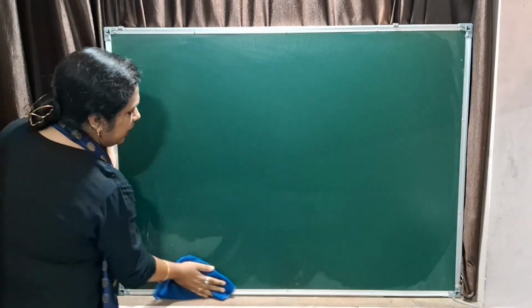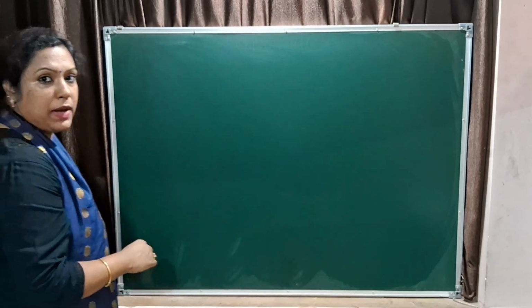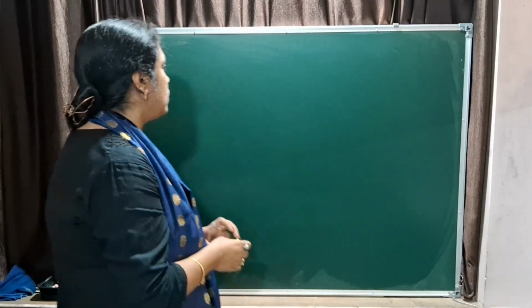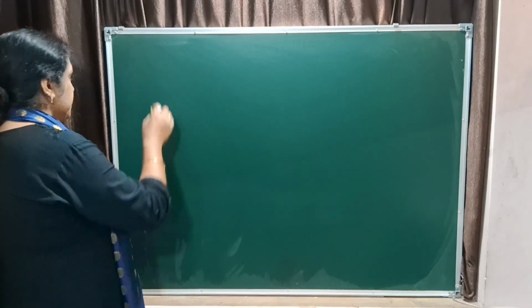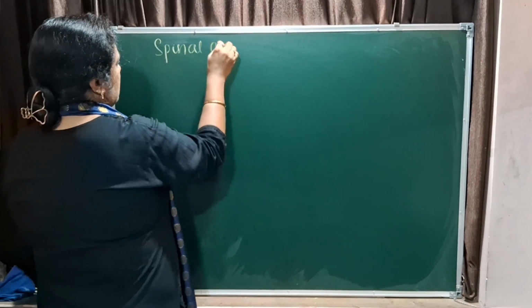So if somebody hits you and you put your hand up, it is your reflex action. But if somebody hits you and you hit back after thinking, that is your thinking, your brain is involved in it. Fine. So let us talk about the spinal cord.